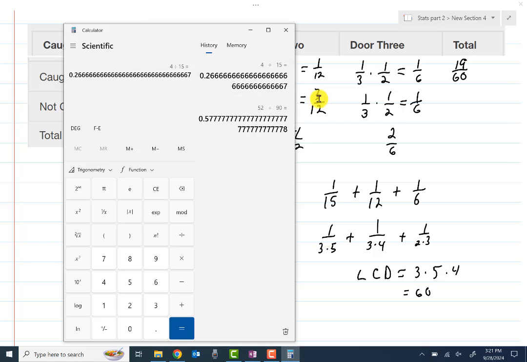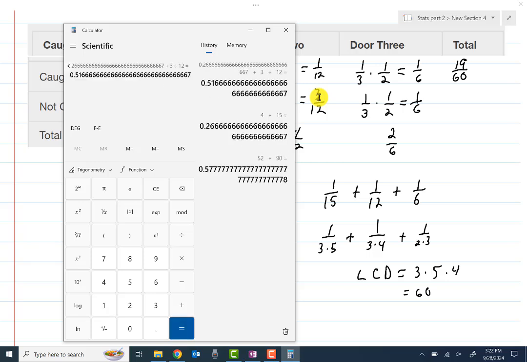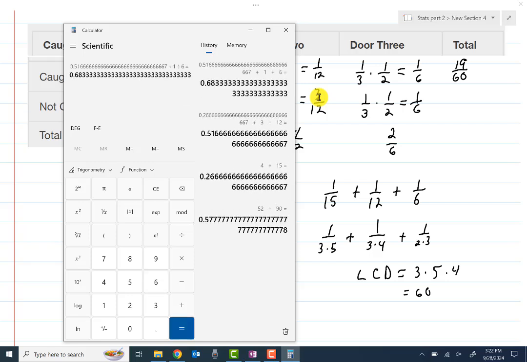Then I'm going to add 3/12. So you can go plus 3 divided by 12. Enter. And then finally, the last one, plus 1 divided by 6. Enter. And I get 0.6833.